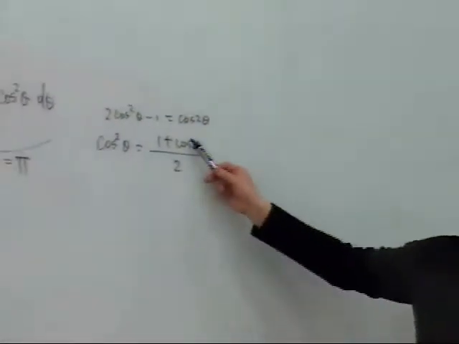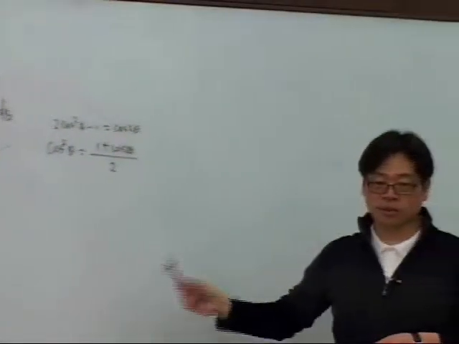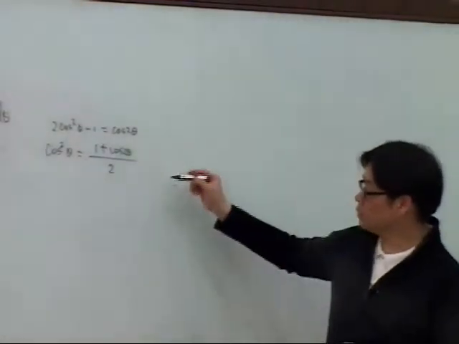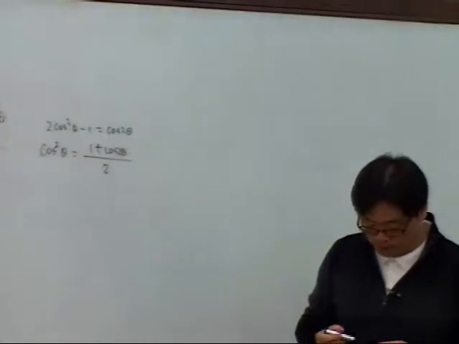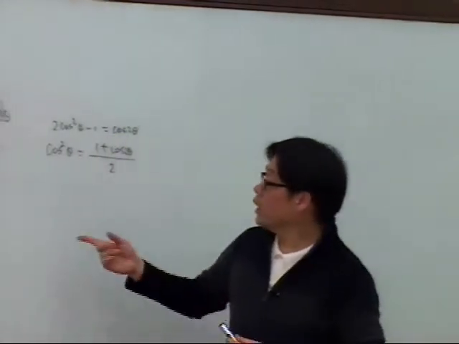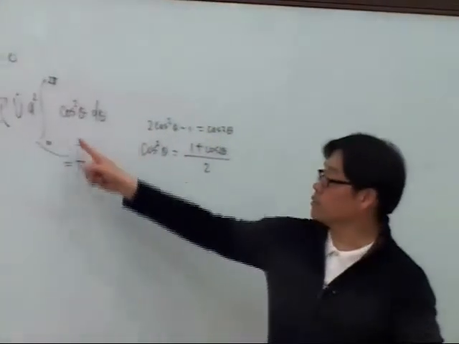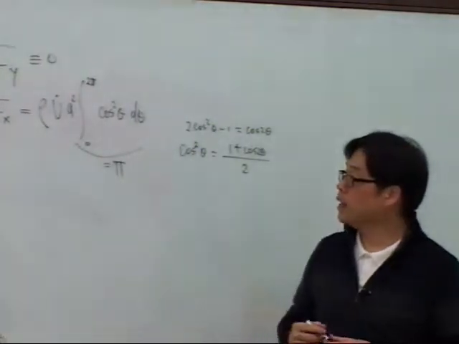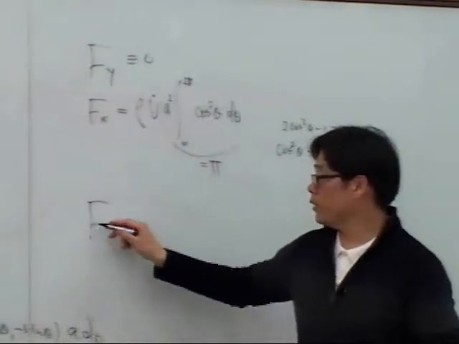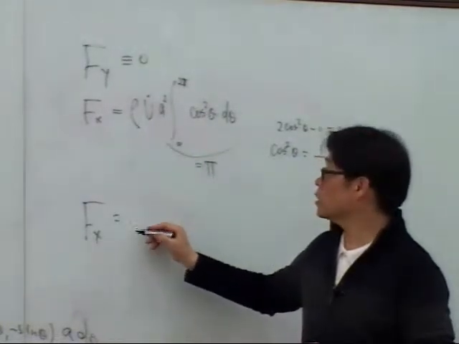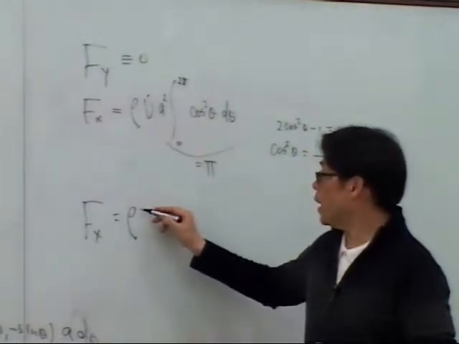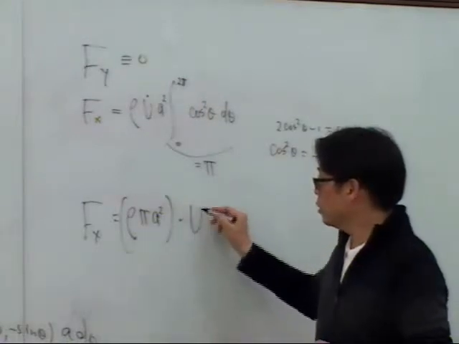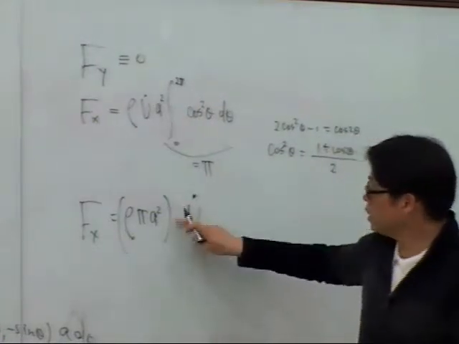And the integration of the cosine 2 theta part goes to 0 because of the property of cosine, it is periodic. And then 1/2 times 2 pi gives pi. Okay. So at the end, what we end up with is F_x equals rho pi a squared times u dot.